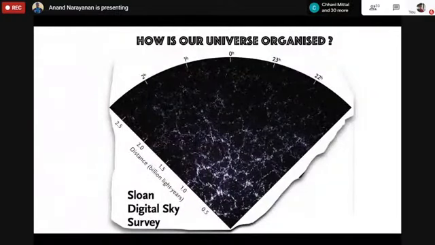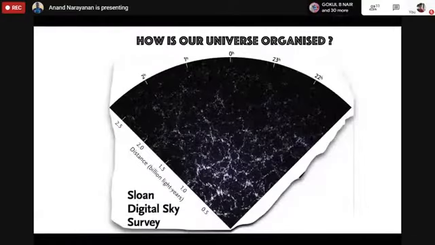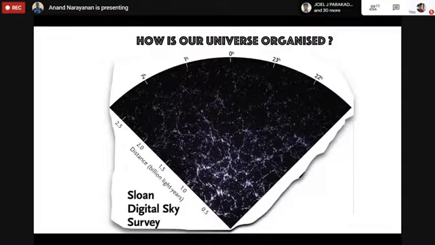So here's an image of whatever you just saw. We are located at the tip of this pie chart. And you can see here, this is right ascension that is plotted, and this is redshift converted into distance in terms of billions of light years. And each dot that you see here is the location of a galaxy.